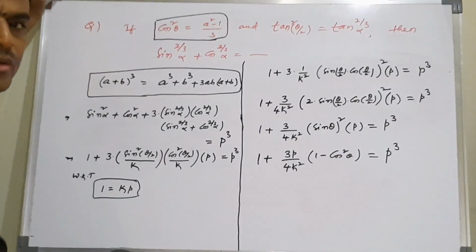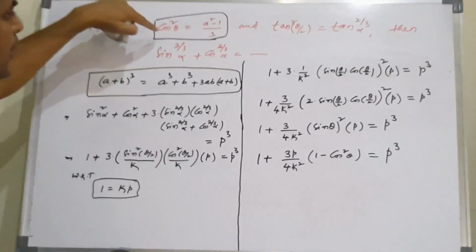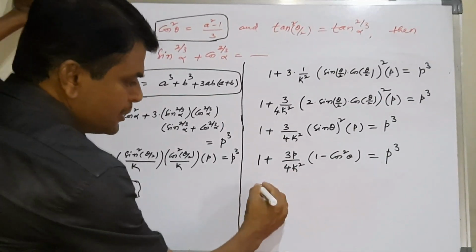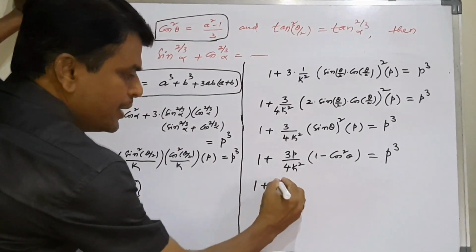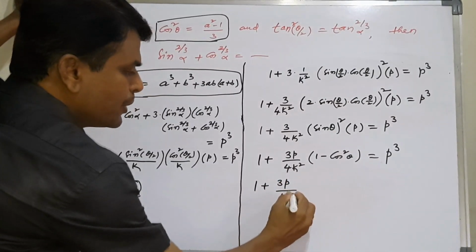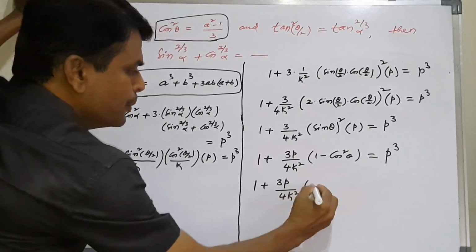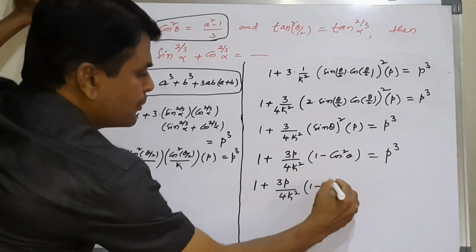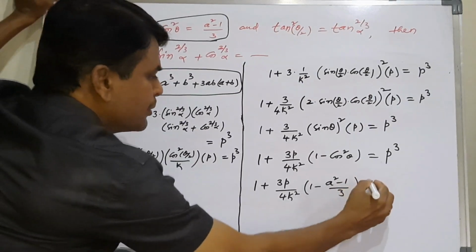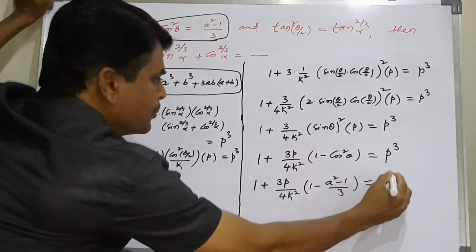But we know that cos square theta is a square minus 1 divided by 3. Then you will be getting 1 plus 3p by 4k square into 1 minus (a square minus 1) divided by 3 is equal to p cube.